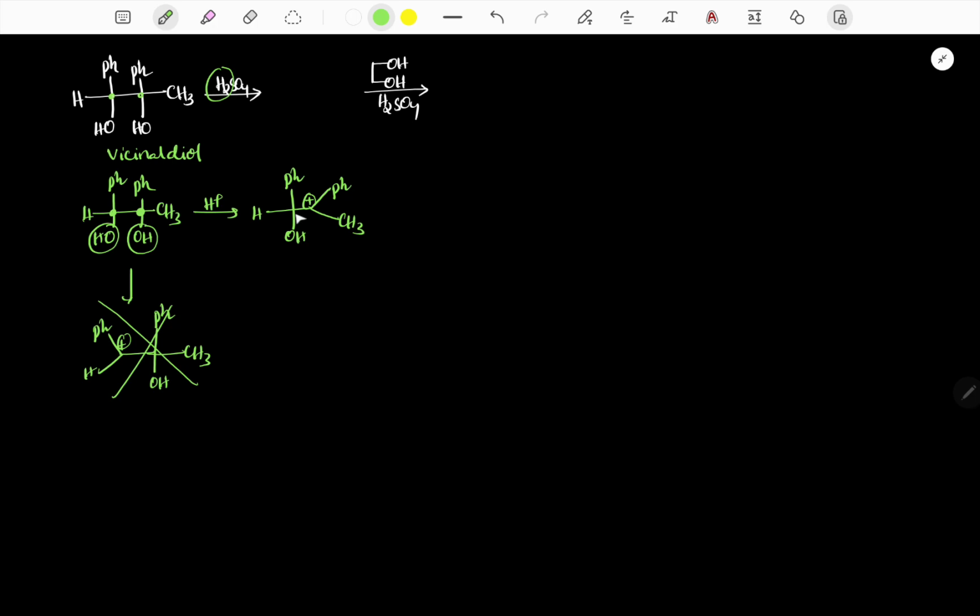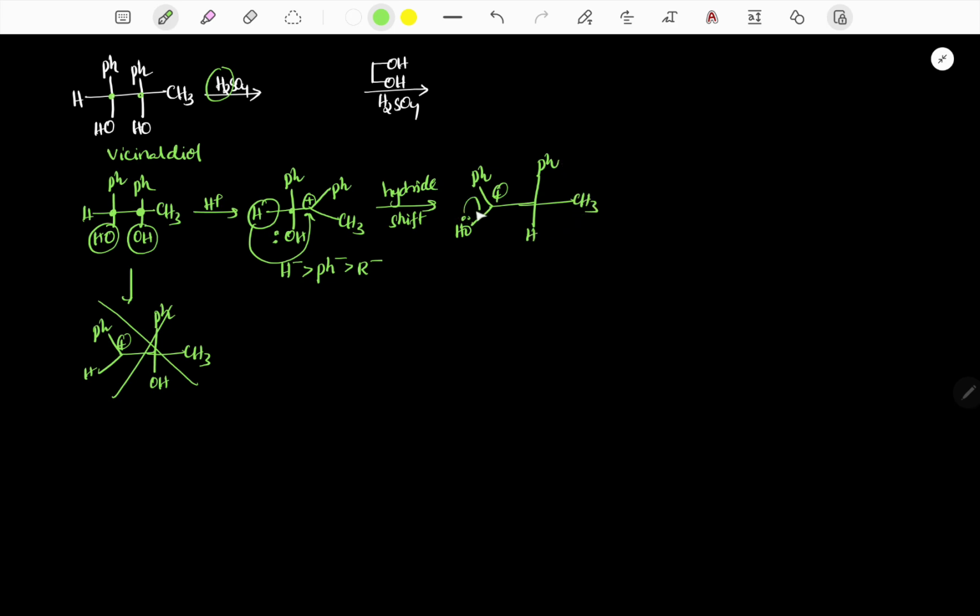Now after that, migration is possible because of the lone pair effect. Octet is possible if this carbon gets positive, and we know that the migrating aptitude is H minus, Ph minus, R minus. Therefore, H minus will migrate, that is a hydride shift, and the corresponding stable carbocation will form.